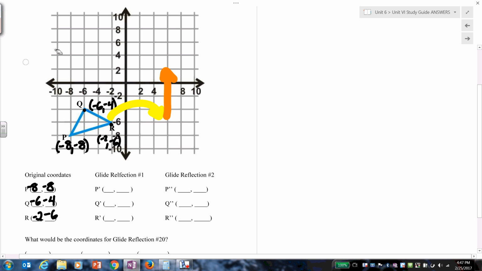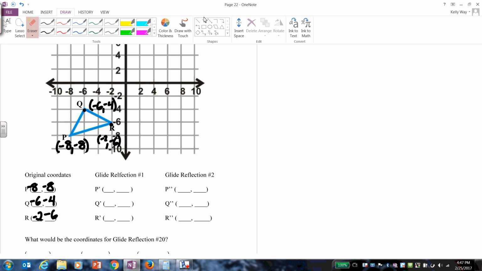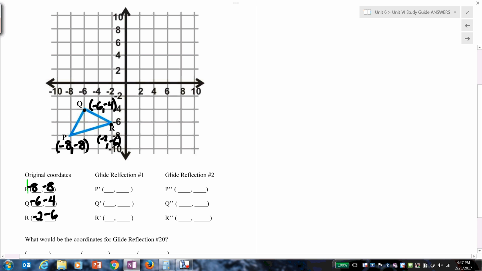To flip over the y-axis, you opposite the x coordinates.